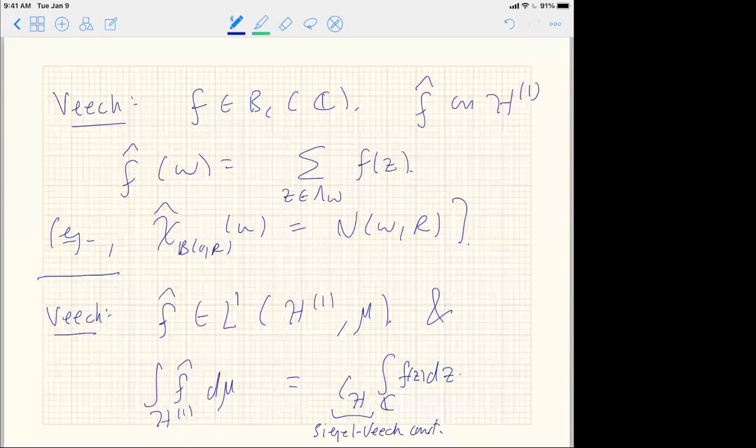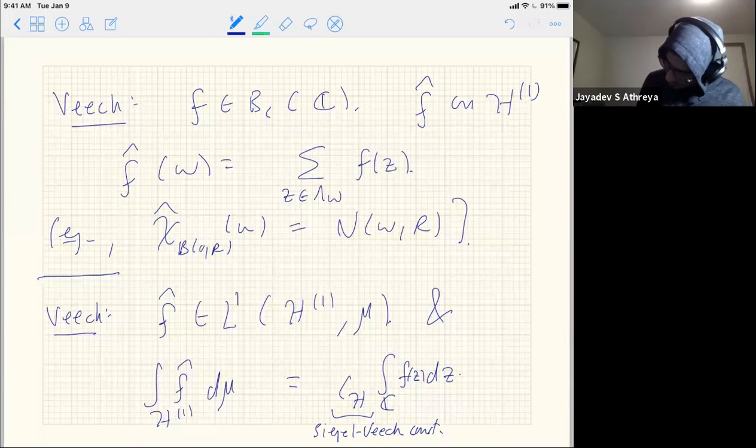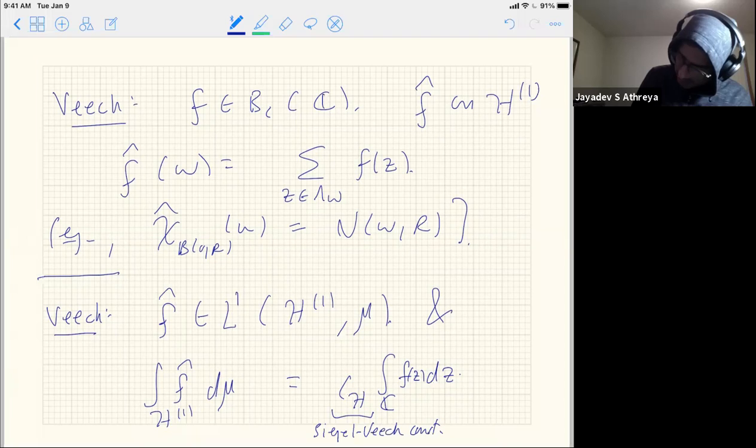Okay, so all right, let me mention now very briefly that if you assume f hat is in L1, that's the slightly harder part of Veech's result, and we know that mu is SL2 invariant.